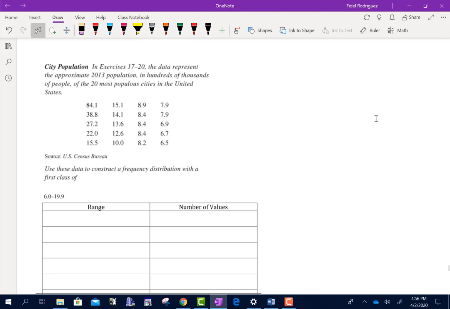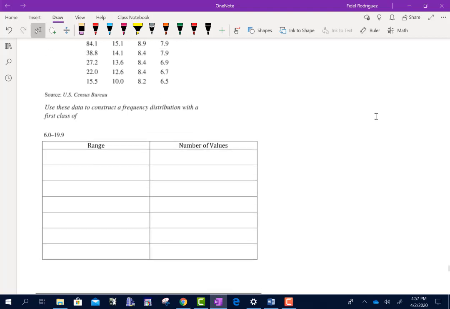a class here, okay? So it says in these problems, the data represents the approximate 2013 population in hundreds of thousands of people of the 20 most populous cities in the United States. Okay, so let me scroll just to get right there. And let's see if we can't figure this out.